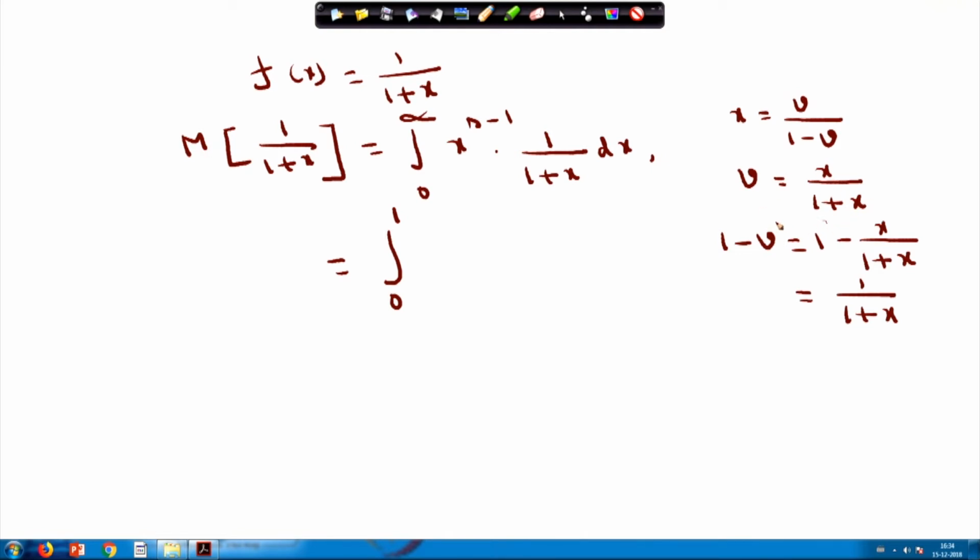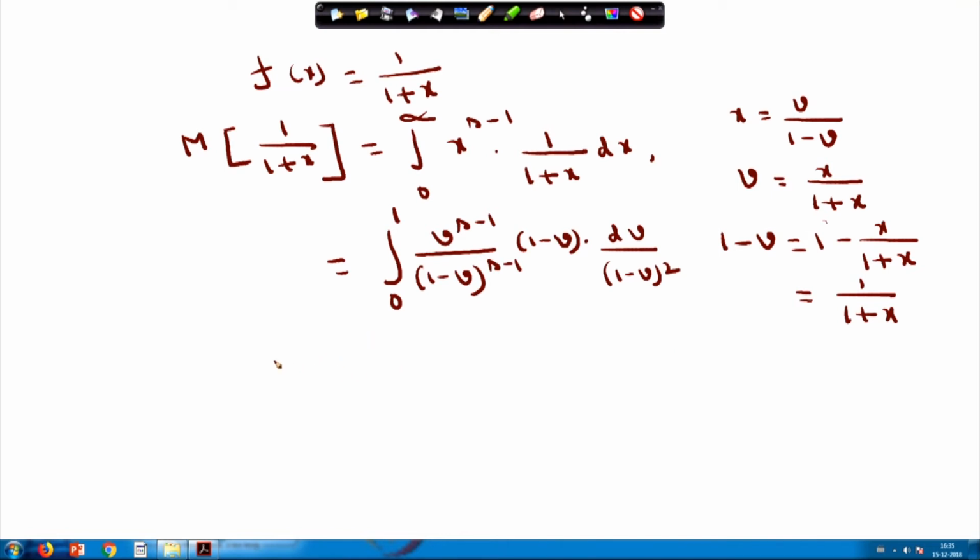So, as x approaches infinity, v approaches 1, and as x approaches 0, v approaches 0. So, the limit will be from 0 to 1, and x means v by 1 minus v, so v by 1 minus v to the power s minus 1 into 1 plus x, which is 1 by 1 minus v, into dv by 1 minus v whole square.